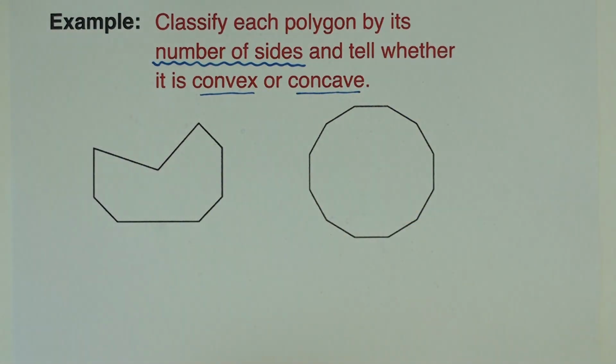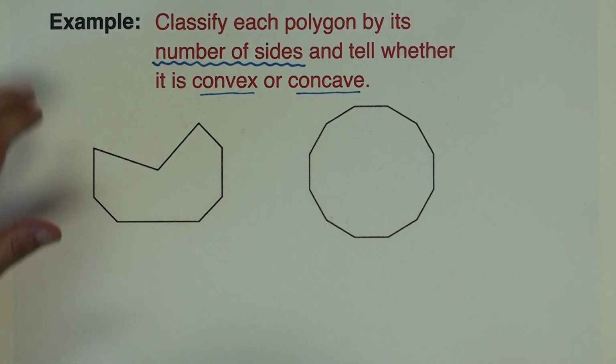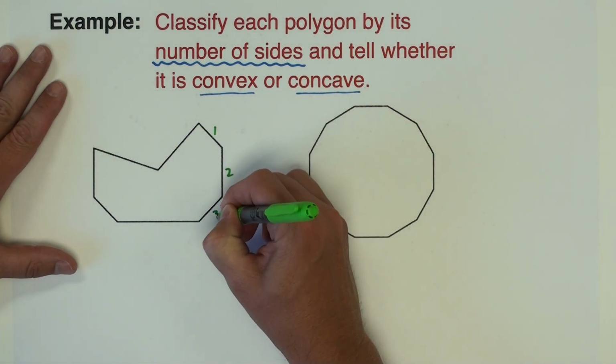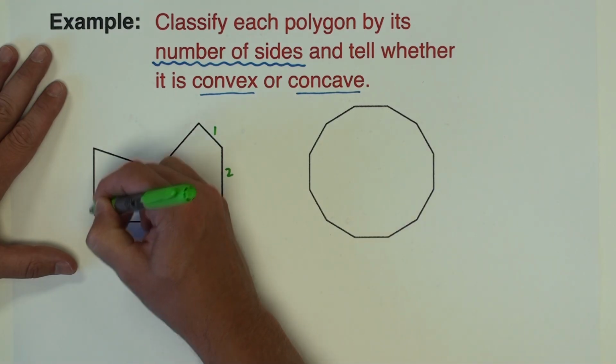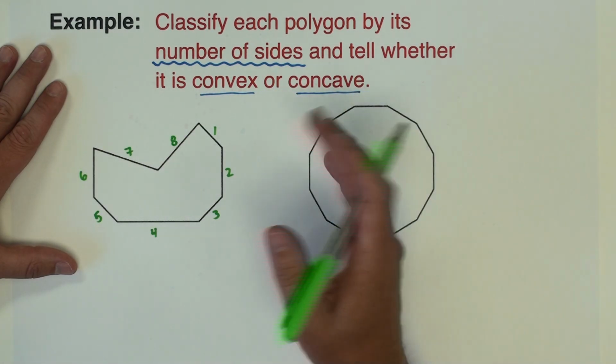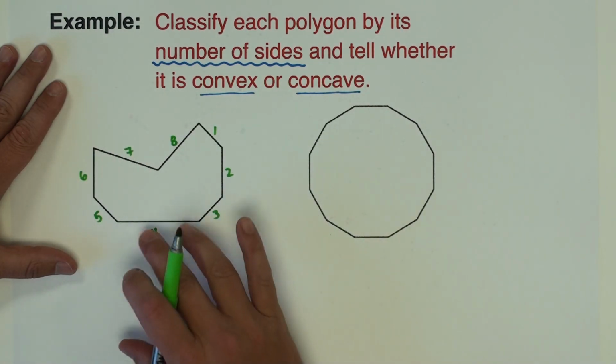So two things we're trying to do here. What's its name by how many sides it has, and then is it convex or concave? So let's start on this first one on the left. Let's just count the sides. 1, 2, 3, 4, 5, 6, 7, 8. There are 8 sides in this polygon.